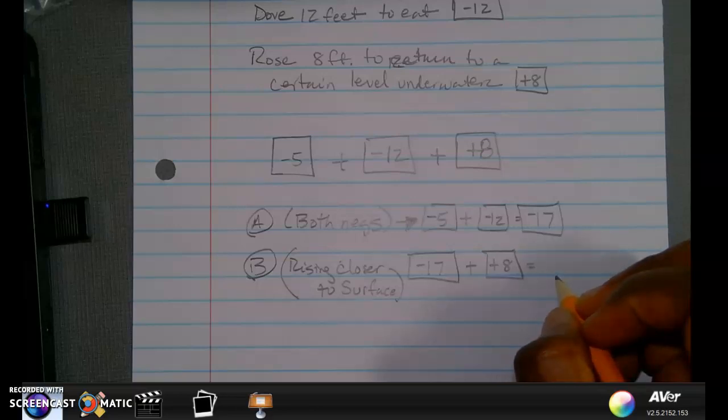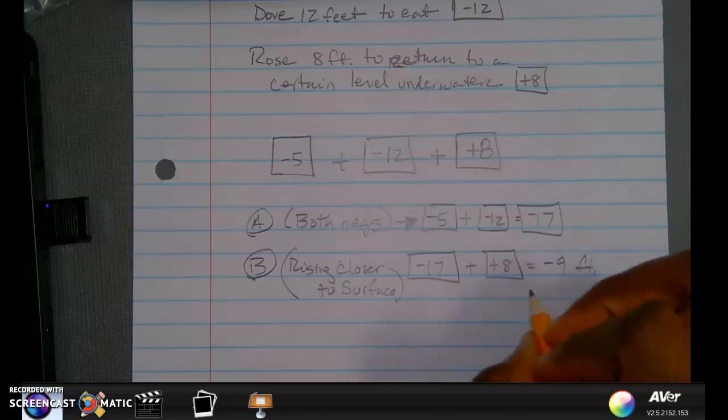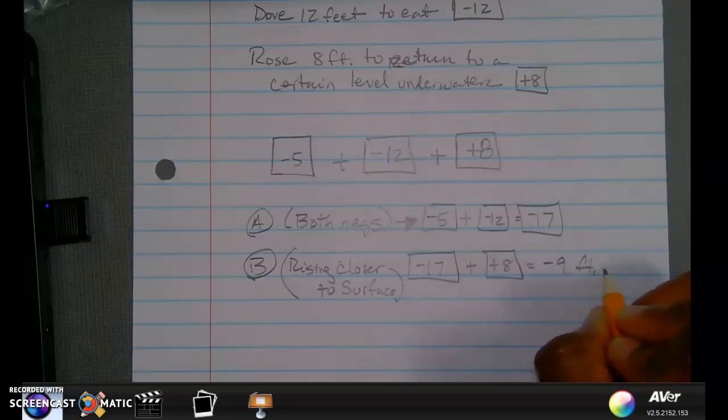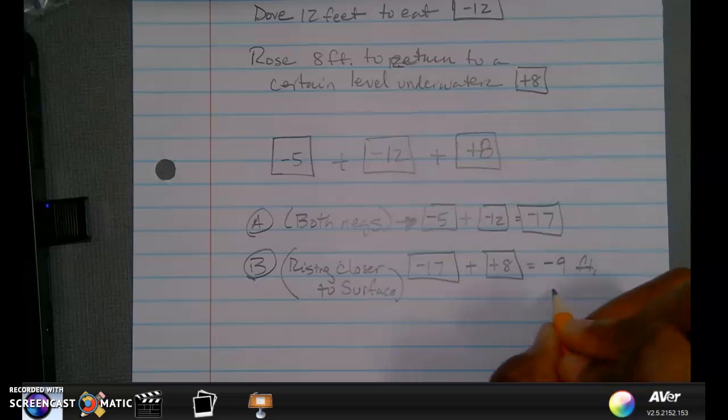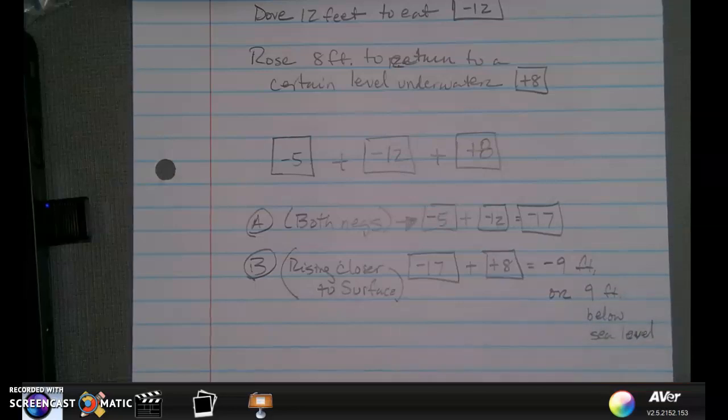Negative 17 plus 8 will be a negative 9 feet under that water, or we would say 9 feet below sea level. So again, it's going to be negative 9 feet or just 9 feet below sea level.